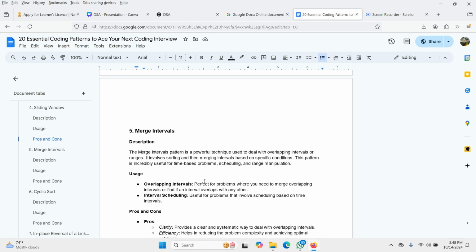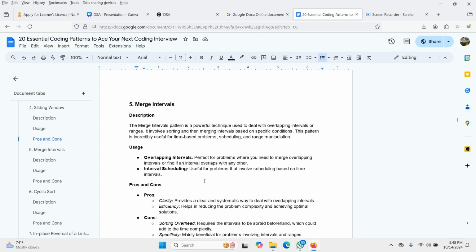Where is the usage? It is mostly used in overlapping problems and interval scheduling problems. Next, what are the pros? It provides a clear and systematic way to deal with overlapping intervals. Next, efficiency in reducing the problem complexity and achieving the optimal solution. Next, what are the cons?